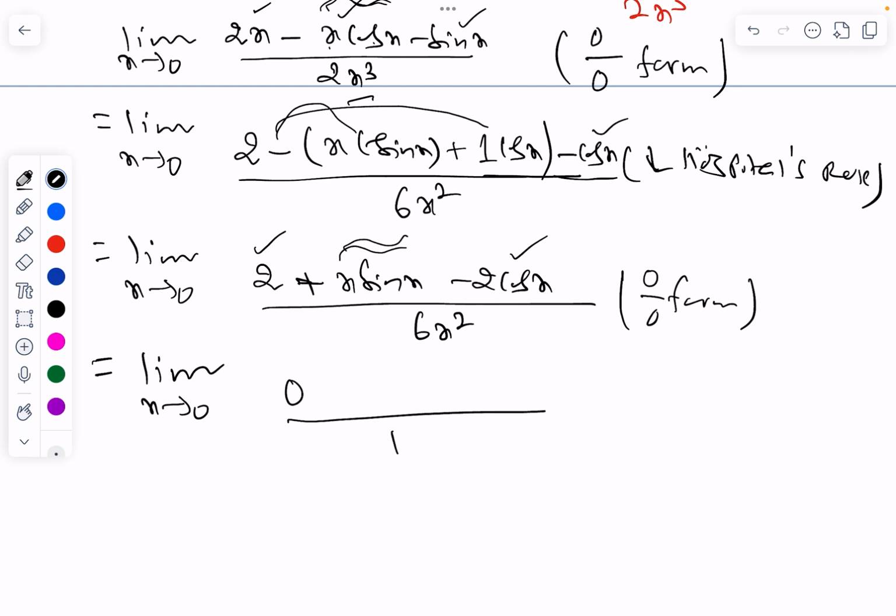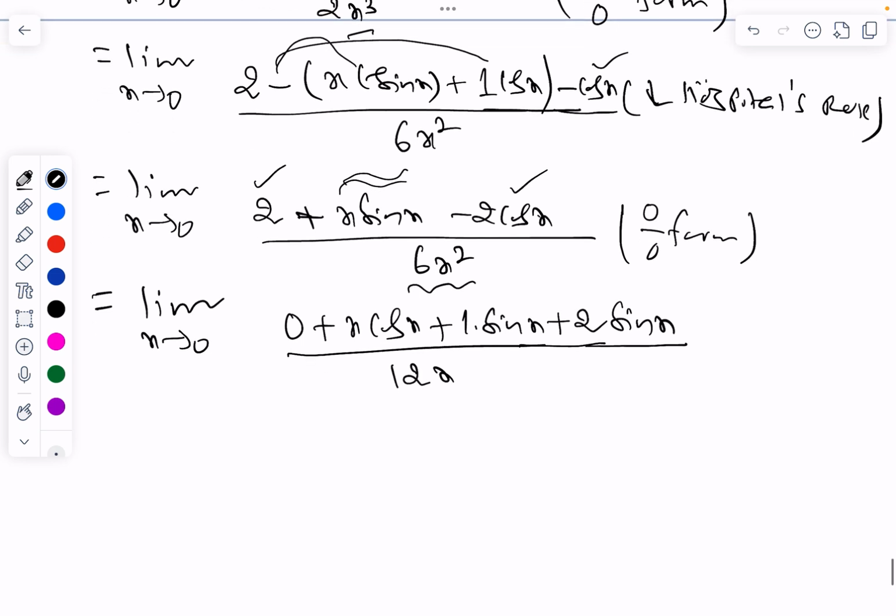Now x sine x, product rule: x as it is, derivative of sine x is cosine x, derivative of x is 1, sine x as it is, and derivative of cosine x is minus sine x, negative sign is there, so plus 2 sine x, and derivative of 6x square is 12x.